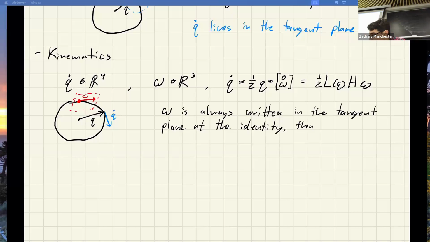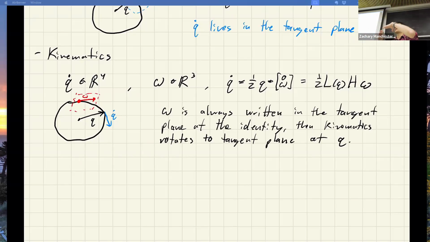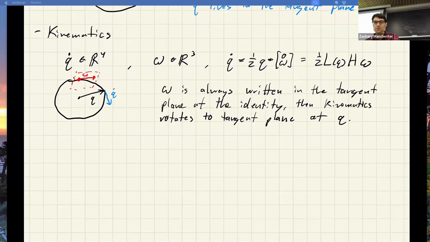Then the kinematics equation up here rotates it to the tangent plane at q. So it can be added on to that q, if that makes any sense. That's some intuition for what's going on there.